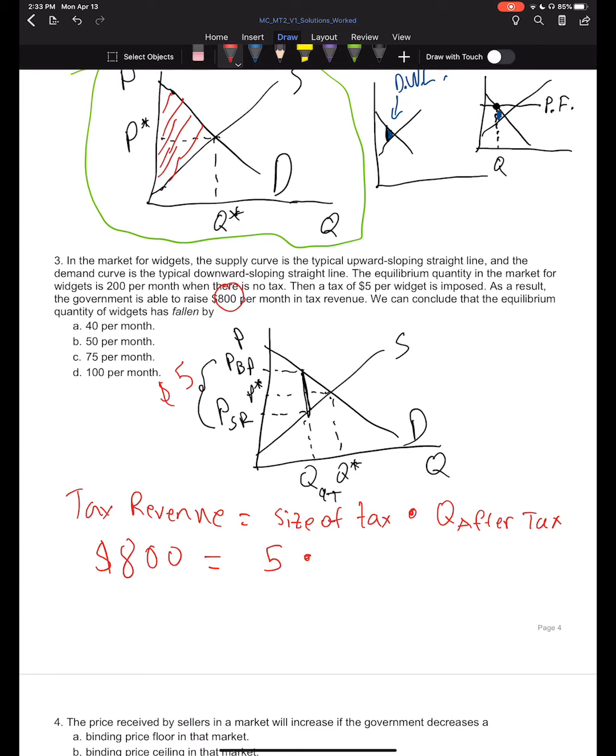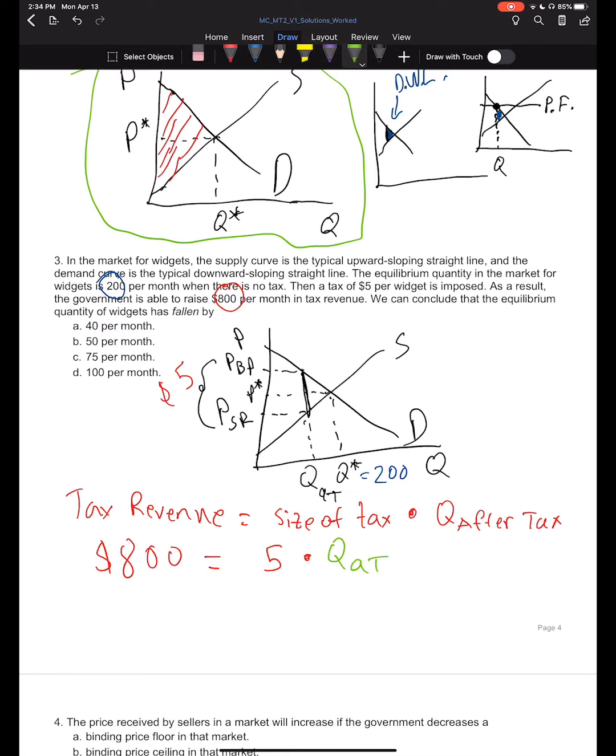We're given our equilibrium quantity of 200, and we have this quantity after tax that we're asked to solve for.